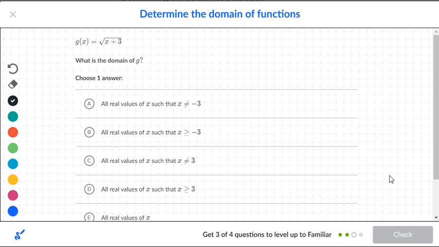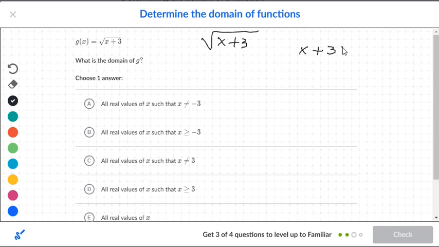Now we have a square root here. So now this is the one that does have a restriction to it. So we can't say all reals to this. So we want to stay away from any number that can actually make this negative. So what we want to do is we want to say x plus 3, and then we don't want this to be negative.